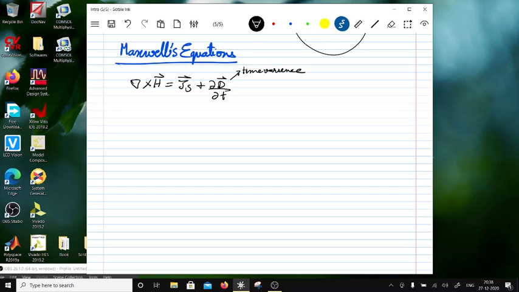If the time variance is not there, then this cannot contribute to the origin of loop of H. So if H forms a loop, then the cause for that loop is the current density Js, and the time changing electric flux density D, right?